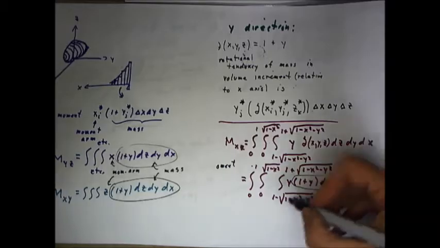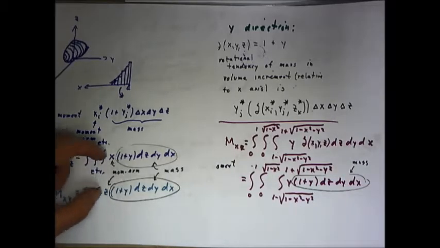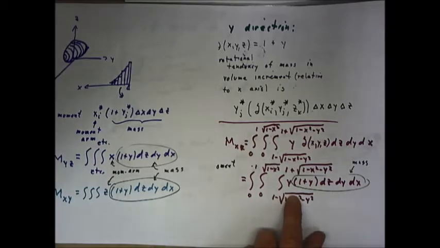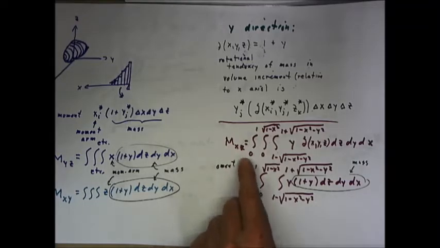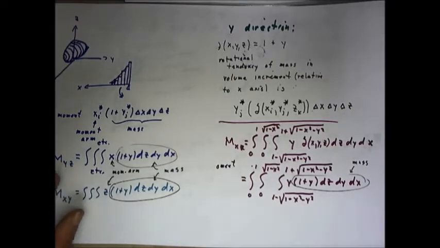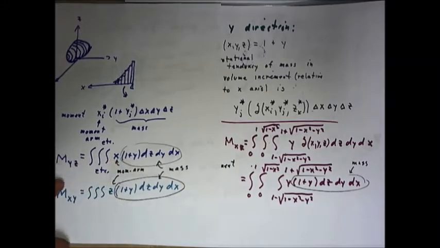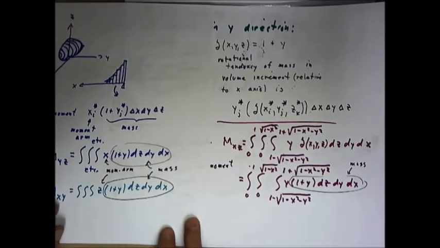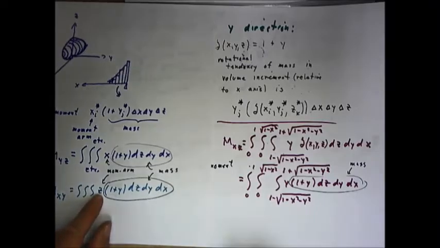And I won't label it here, there's no way to get an arrow in there, but we understand that we have moment arm perpendicular to the xz plane, that would be y. Moment arm perpendicular to the yz plane would be x. Moment arm perpendicular to the xy plane would be z.